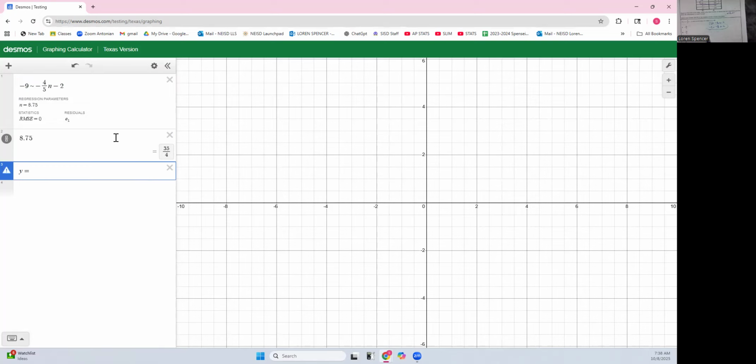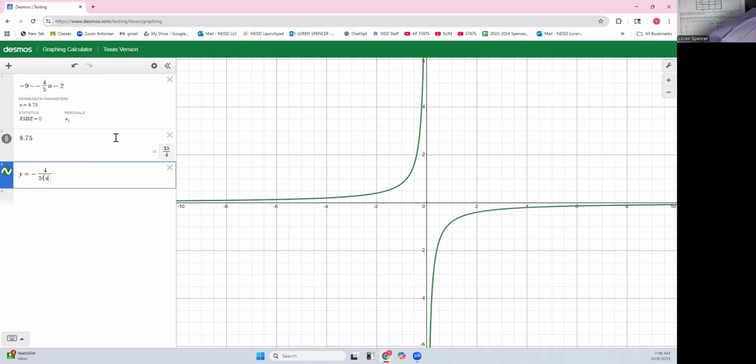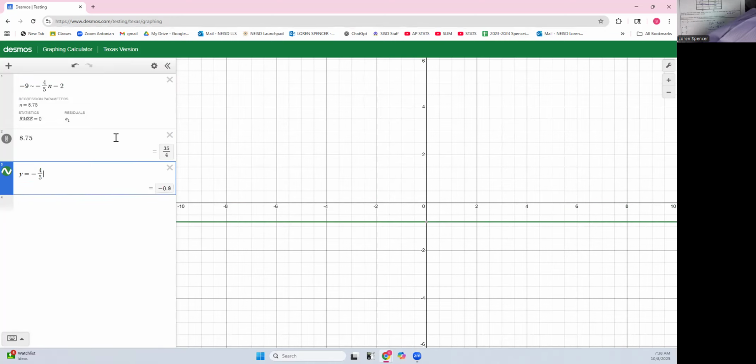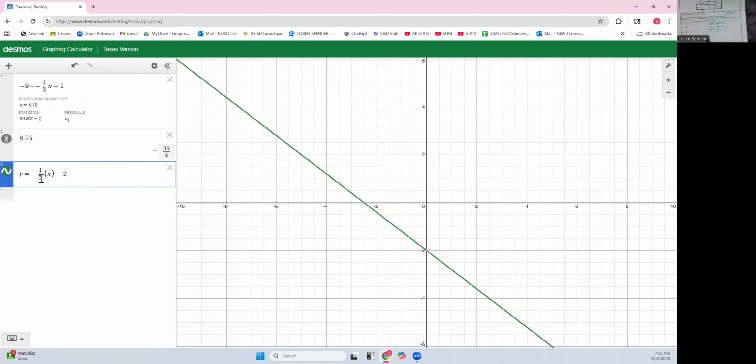Because the original equation they gave us was y equals negative 4 divided by 5 parentheses x minus 2. All right, let's put in 35/4.